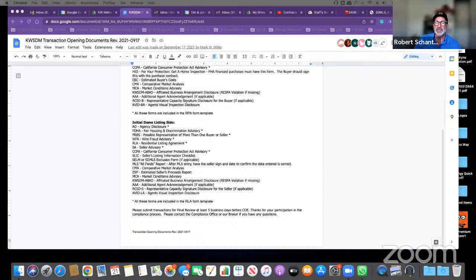And one of the forms is the AVID, because that needs to be delivered with the TDS, the Transaction Disclosure Statement, at the time the disclosures go out. So just do it early on in the business and in the listing and get it over to them, okay?